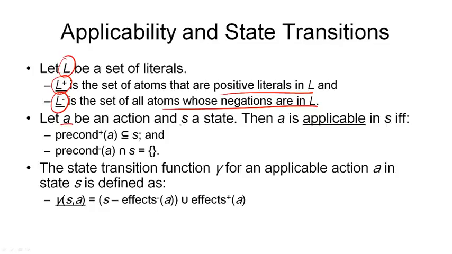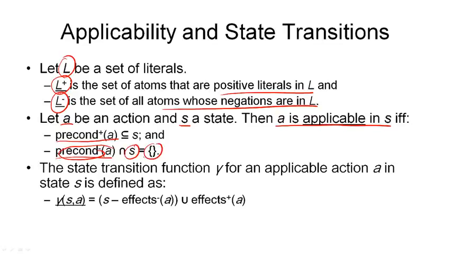Now, let A be an action and S be a state. And when I say action here, I mean an action, a ground instance of an operator. Then we can say that the action A is applicable in the state S if two conditions hold, namely all the positive preconditions of A, preconditions plus of A, must be a subset of the state S. And we also want none of the negative preconditions of A to be in S. And this can be expressed by this expression: the intersection of the negative preconditions and what is in the state S must be empty.